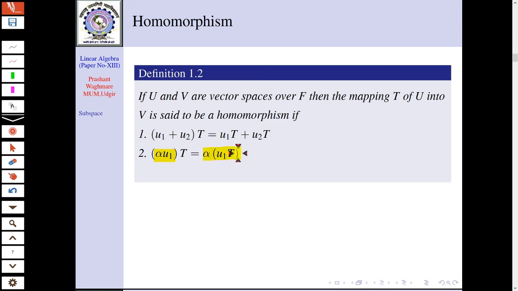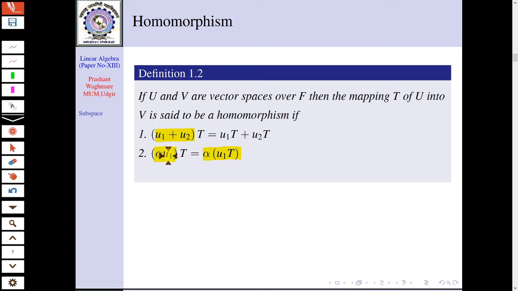Now homomorphism means what? Homomorphism is nothing but a mapping which preserves the operations. Now here in the vector spaces there are two operations, right? The first one is the addition operation and the second one is scalar multiplication, that is, an element from the field and an element of the vector.